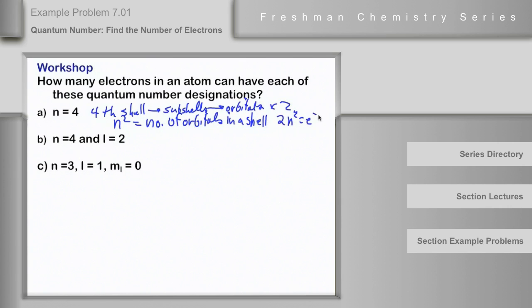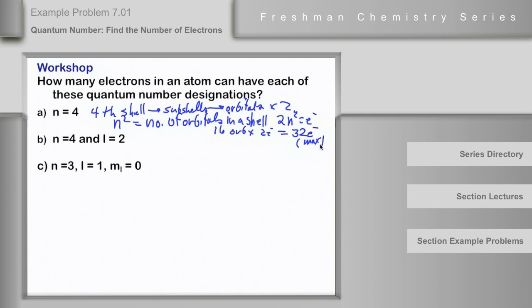So in this case, when n is equal to 4, there are 16 orbitals times 2 electrons per orbital maximum, which gives 32 electrons as the max that you can have in the fourth shell. Does anybody have a question on that one? So that's a nice shortcut to remember.